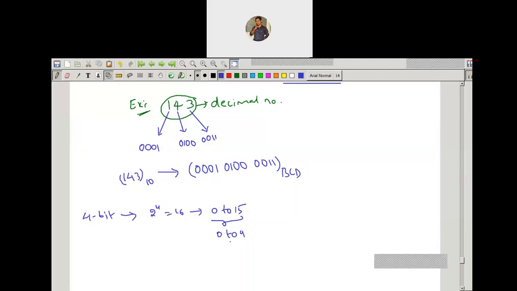So 0 to 9 are the decimal digits. Among the 0 to 15, 0 to 9 are the decimal digits, right?